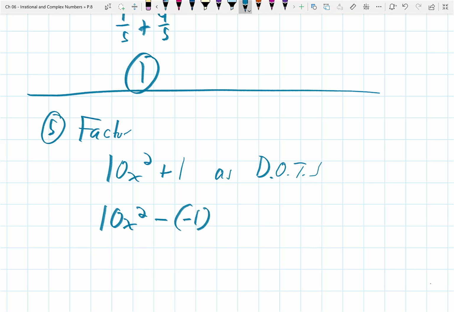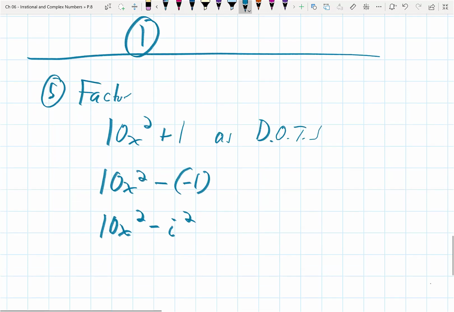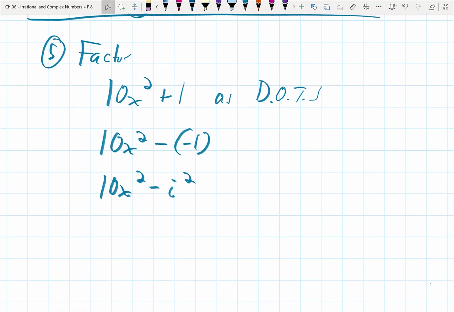Minus negative 1, which is the same as saying minus i squared. Now, I know the 10 is not a perfect square either, but that's okay. We're still going to factor it as if it were, because the square root of 10 is the square root of 10. Radical 10 x and radical 10 x, minus i, plus i.